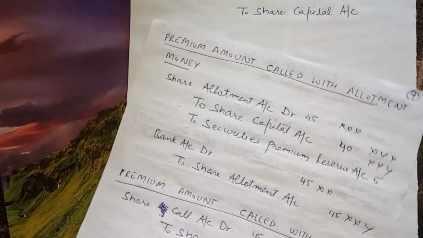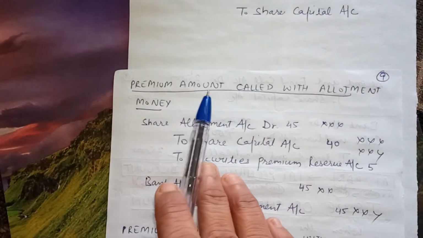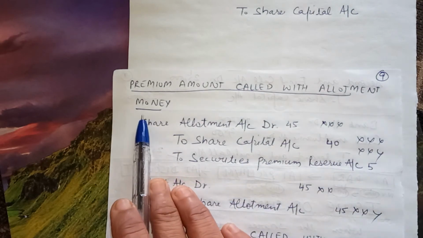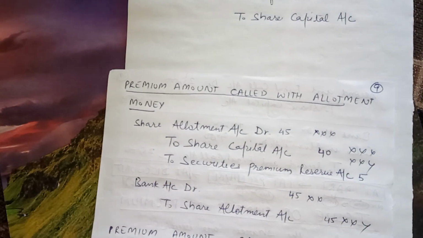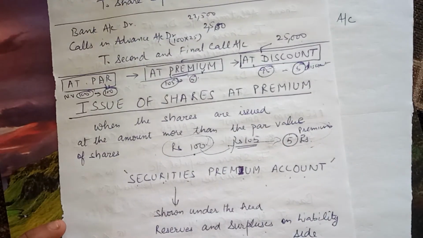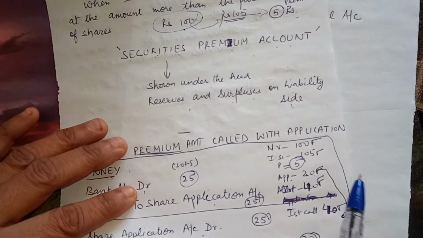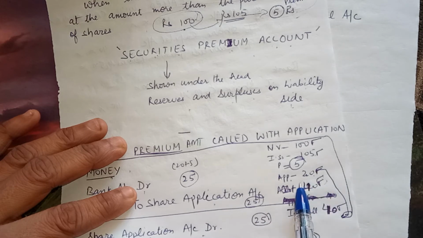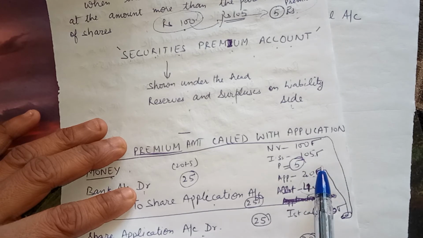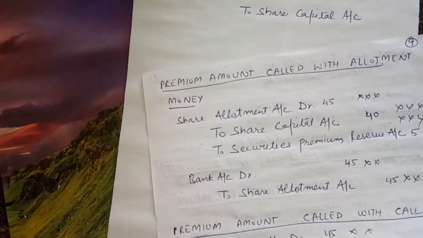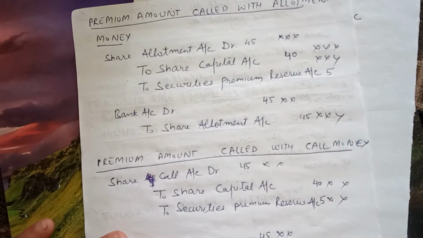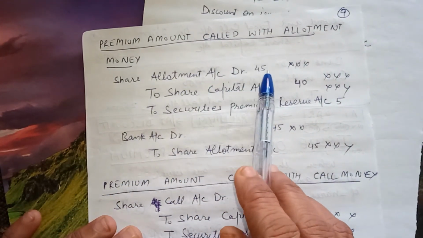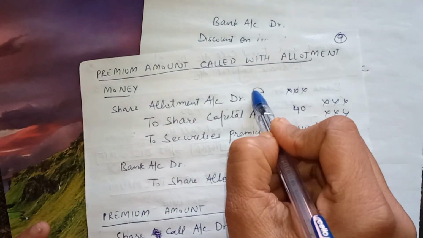The second case comes when the premium amount is called up with the allotment money. In that case, the nominal value is rupees 100, the issuing price is rupees 105, but here we are calling the premium money with allotment, not with the application. So when the allotment amount becomes due, the entry will be share allotment account debit rupees 45.